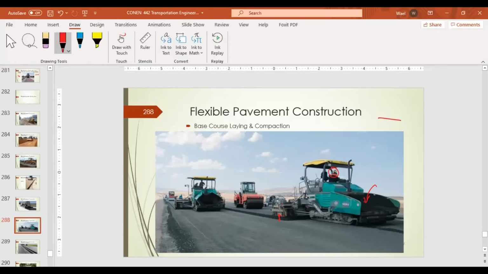So as you can see, we have here one finisher and a second finisher. They are both working at the same time. This way we don't have visible construction joints in the pavement surface. And both are followed with compactors.